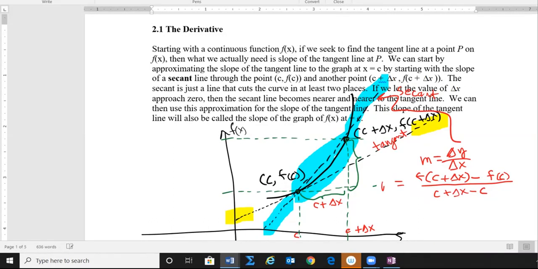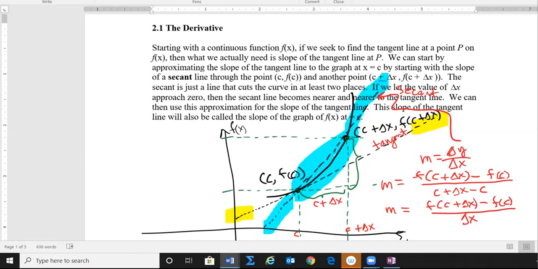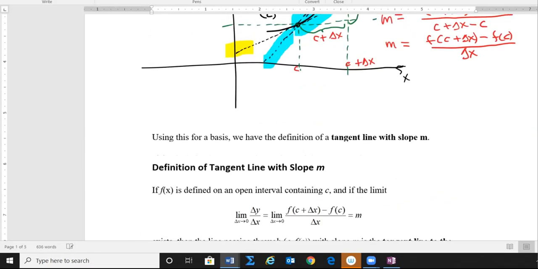So that's m. Now if I simplify this denominator a little bit, it'll just be f of c plus delta x minus f of c divided by delta x. So now that's our slope to our approximate tangent.